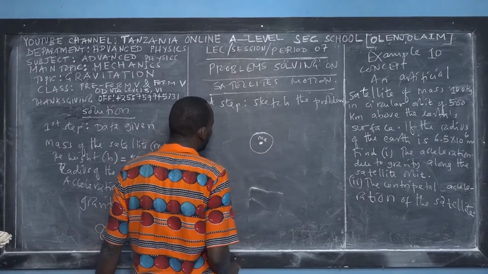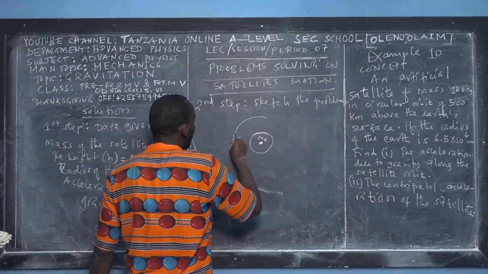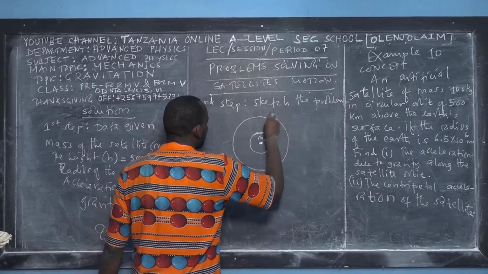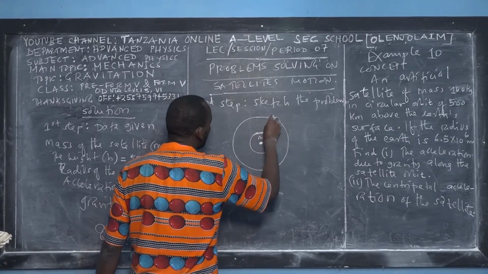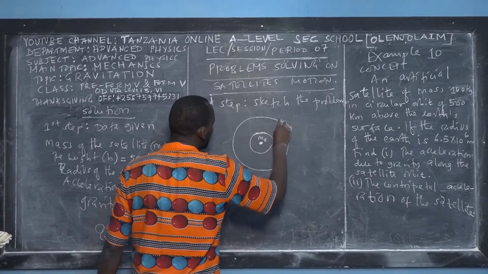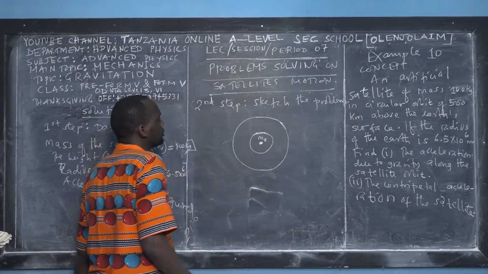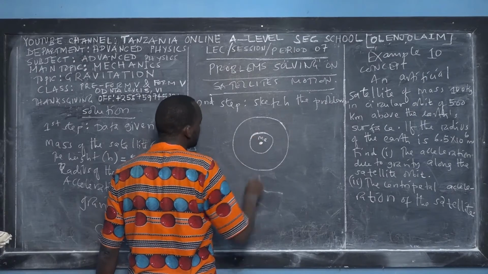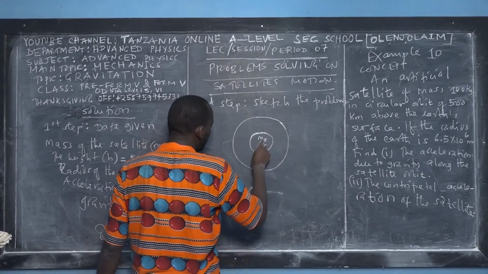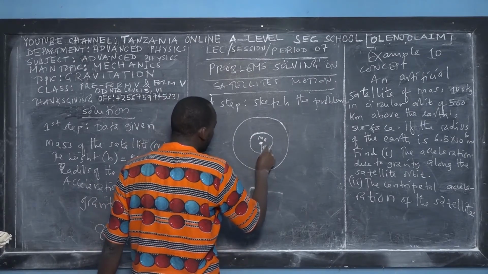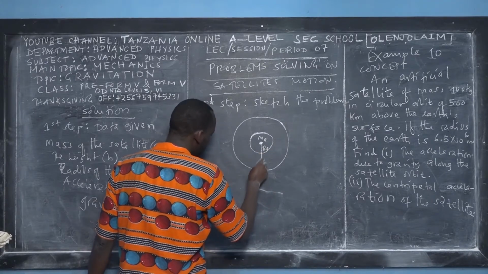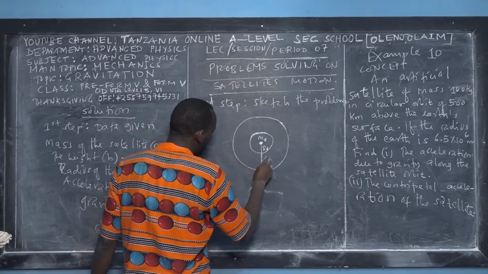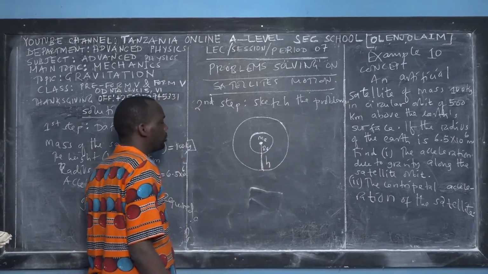So this is the mass of the Earth. And then we have the circular orbit of the satellite. Here we have the radius of the Earth, and here we have the height h above the Earth's surface.